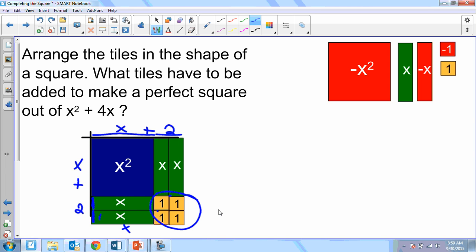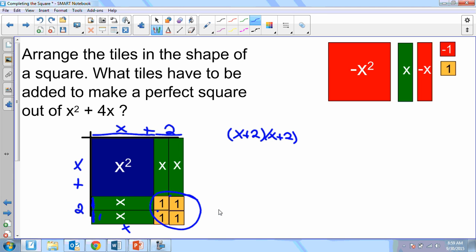Okay? Everybody okay with that? The whole thing has x for its area, but it is 1 this way and x this way. That's how we get 1x for its whole dimension. So this is x plus 2 by x plus 2.